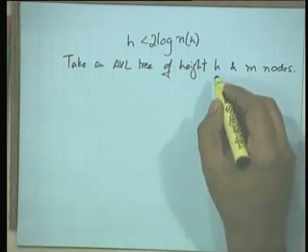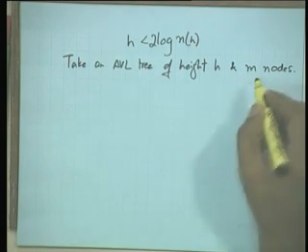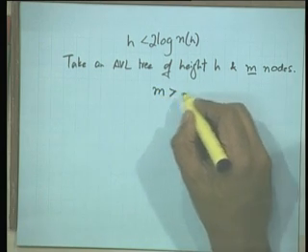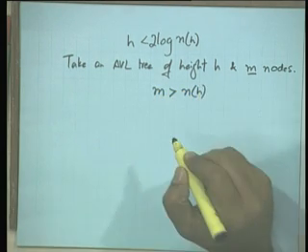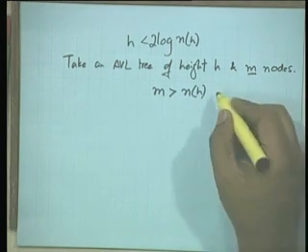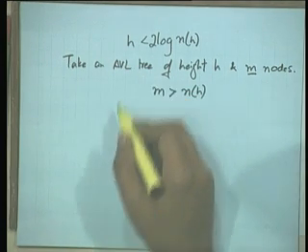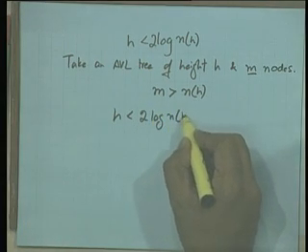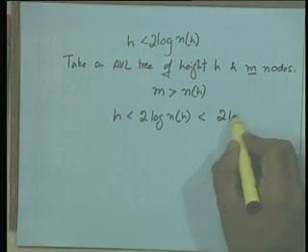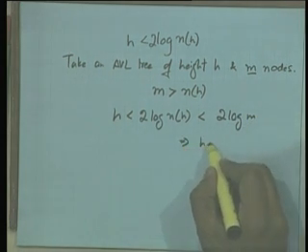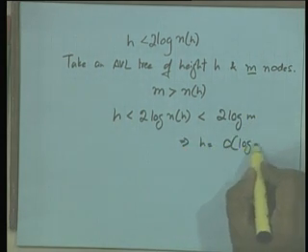So its height is h, it has m nodes in it. So what does this imply? M is greater than n of h. This follows from our definition of n of h. And we know that h is less than 2 times log of n of h, which is then less than 2 times log of m. This implies h equals big O log of m.